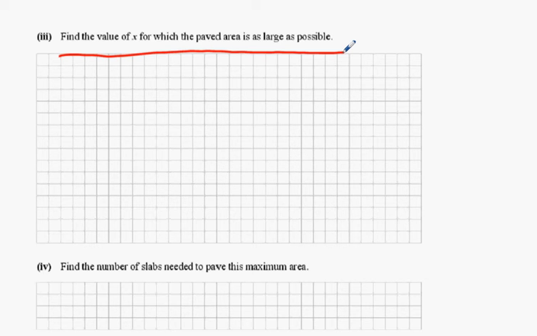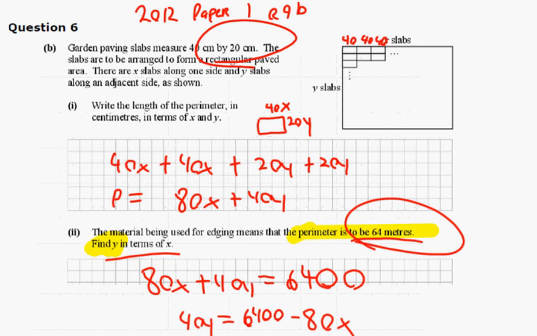Maximum. Back in 2012 they wouldn't even give you the key word. These days they say maximum, last 2 or 3 years, but 2012, large as possible, you got a twig, that means maximum.